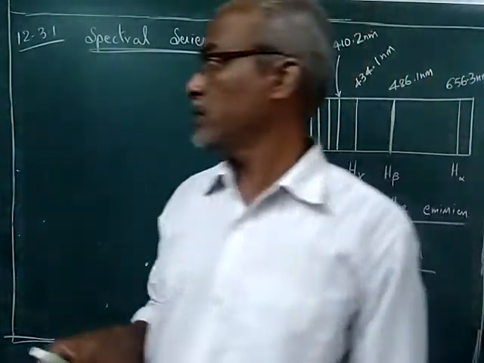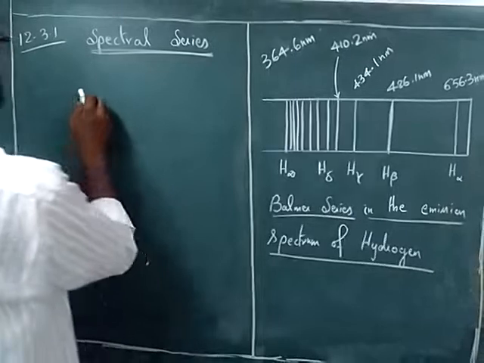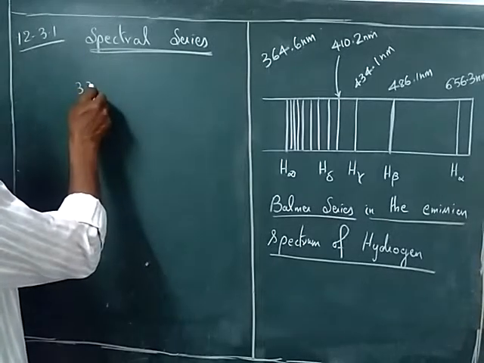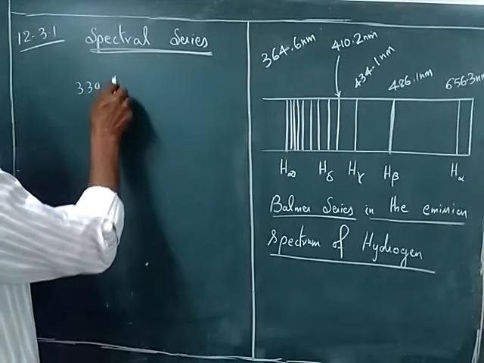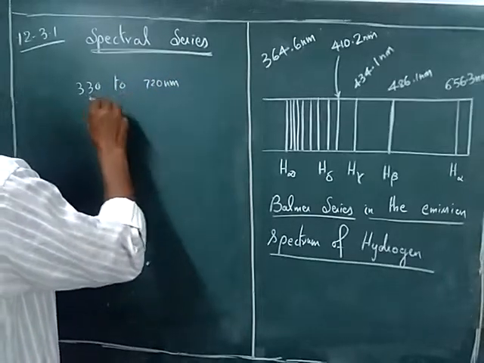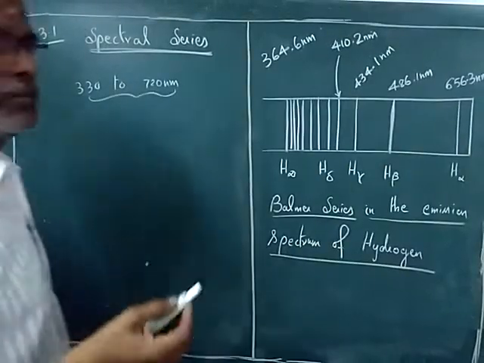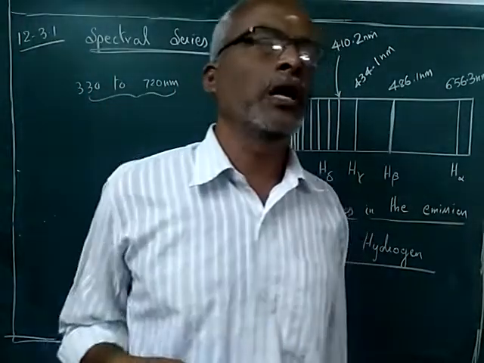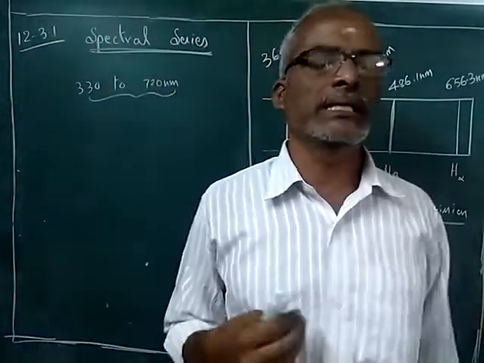So visible region is roughly around 330 to 720 nanometers. This is visible spectrum. Visible spectrum means the wavelengths that a human being can see.